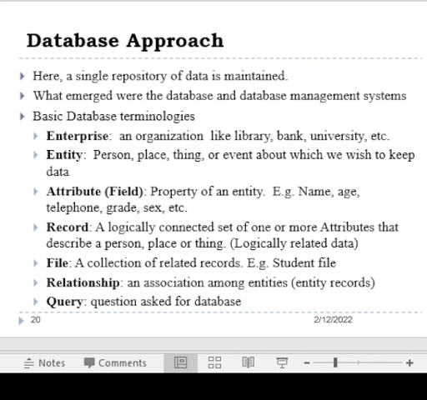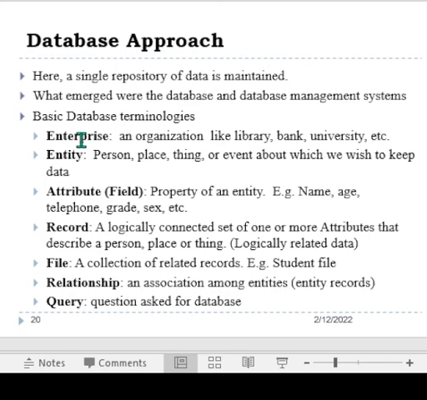An enterprise may be a library, a bank, or a university. The second one is entity. It may be a person, place, thing, object, or event about which we wish to keep data. For example, if you want to store data about students, the entity is student. If you want to record data about teachers, the entity is teacher.